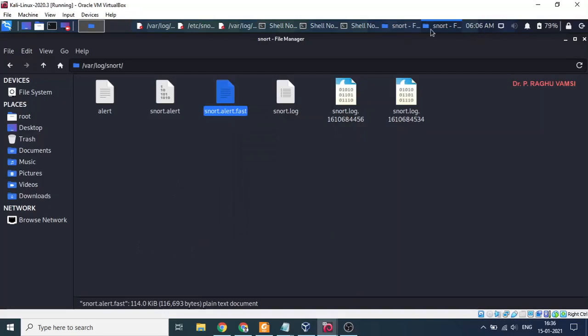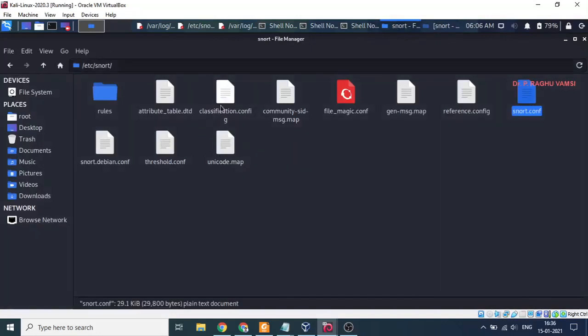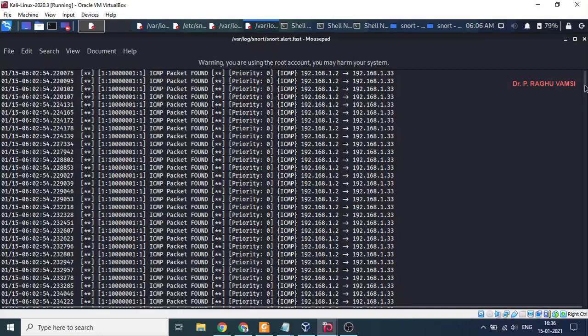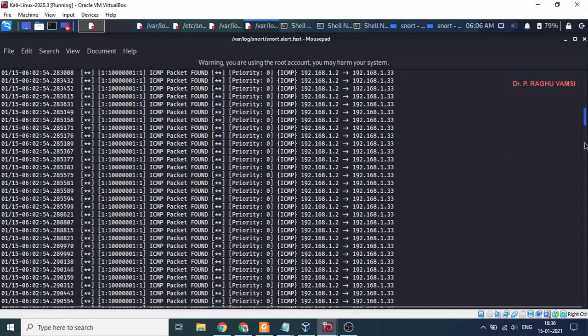So anyhow, we have opened the log. It will open the log. This is a difficult task, to identify in a text file.